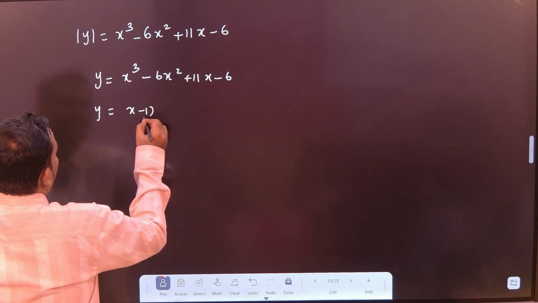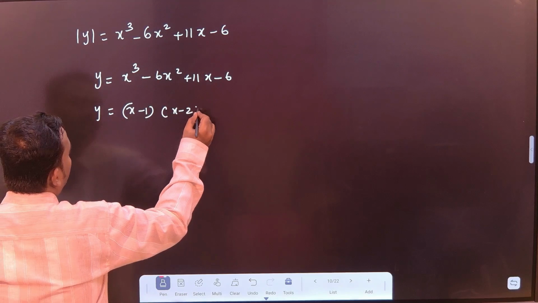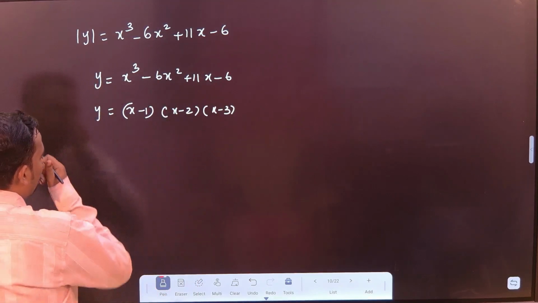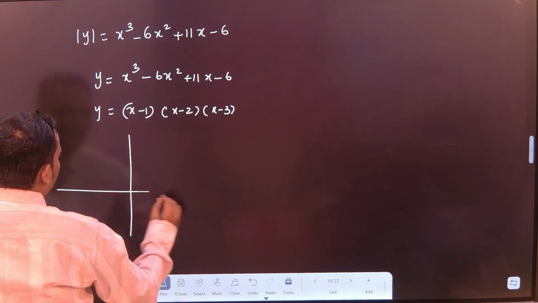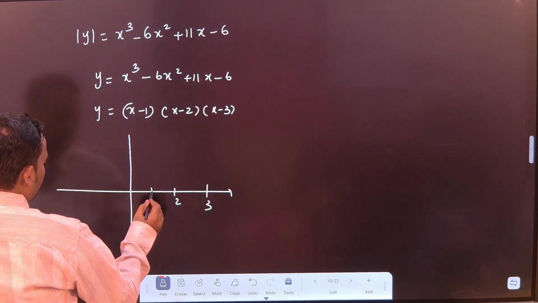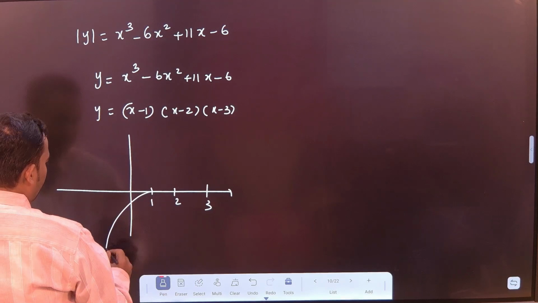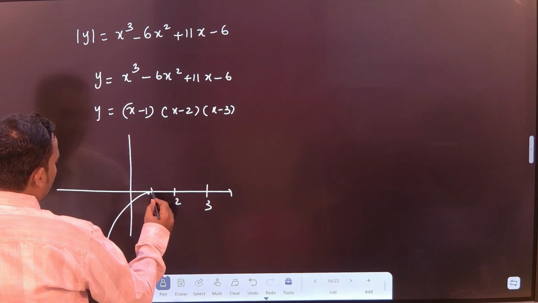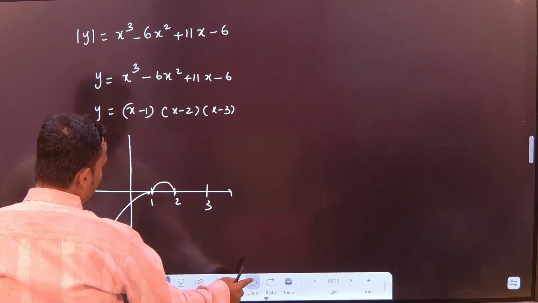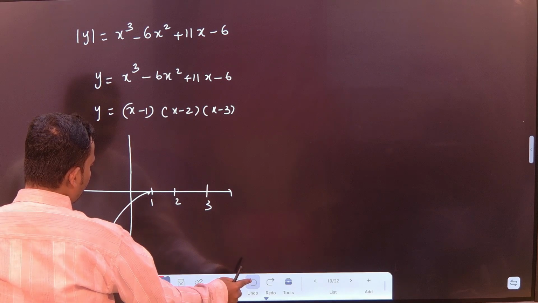Definitely 1 is a factor. Then you can check x minus 2, 2 is also a factor, x minus 3 is also a factor. If you draw the graph of this with roots 1, 2, 3, when you take less than 1, it is decreasing. When you take 1 to 2, it is increasing, right?